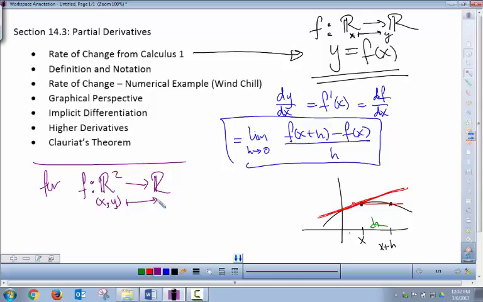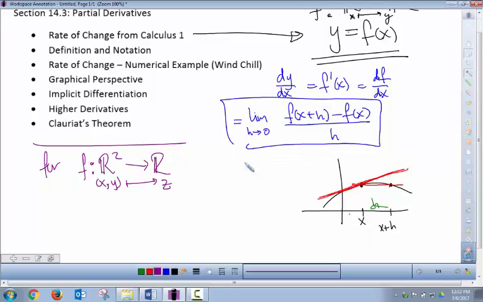They could be s and t, u and v, or any pair of letters that you can think about. And then the output variable also could change. We have z, but it could be T, capital W, C, whatever. But the point is that we have two variables now that we have to choose from.